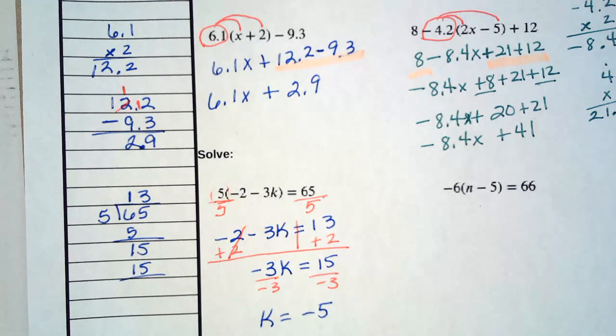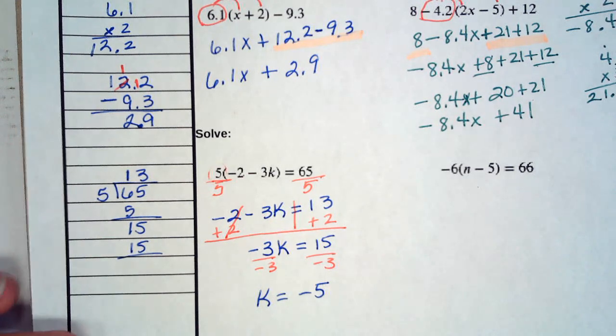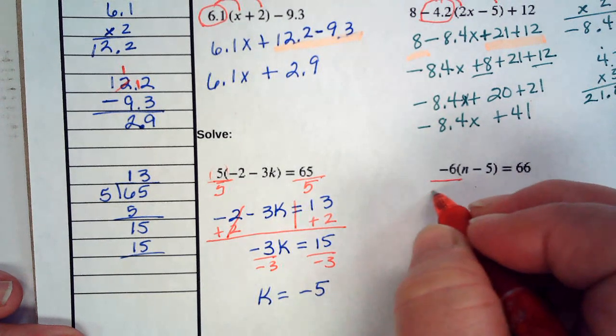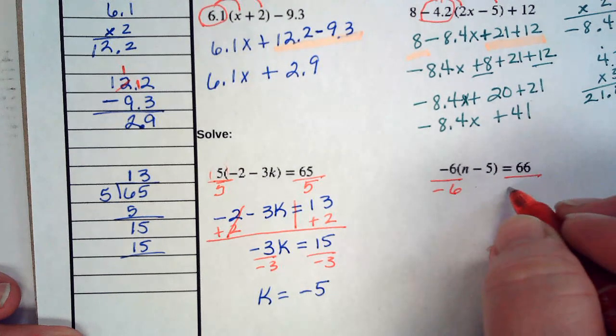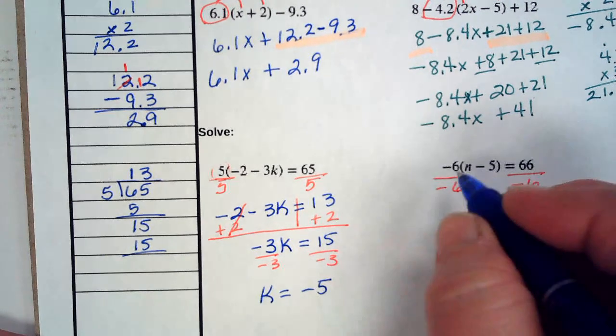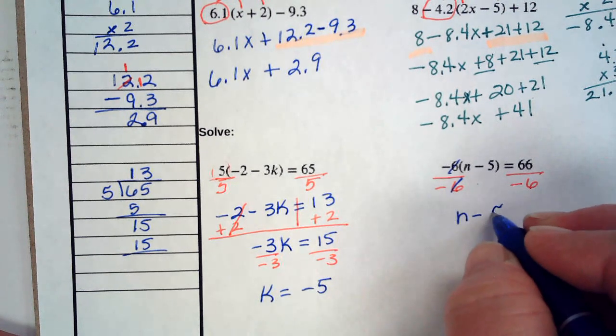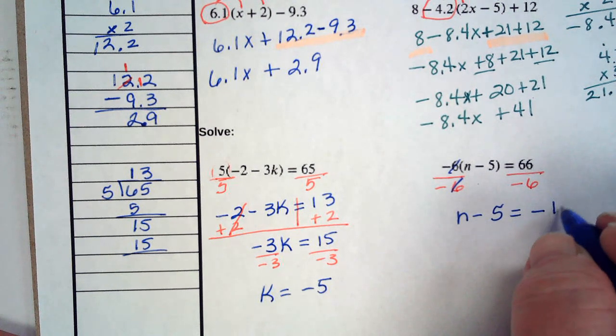Okay, what about the next one? Did you think about dividing that -6 out first? It'll make the numbers a lot smaller. Okay, so this is gone. N minus 5 is equal to -11.